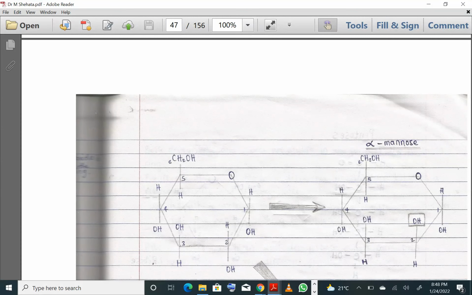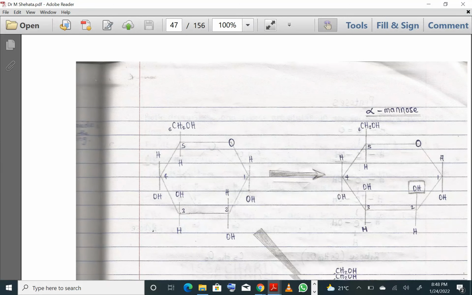That's epimerization at carbon 2. You see there at carbon 2 the hydroxyl group moves up and the hydrogen goes down, and as a result of the epimerization at carbon 2, mannose is formed. Makes sense?